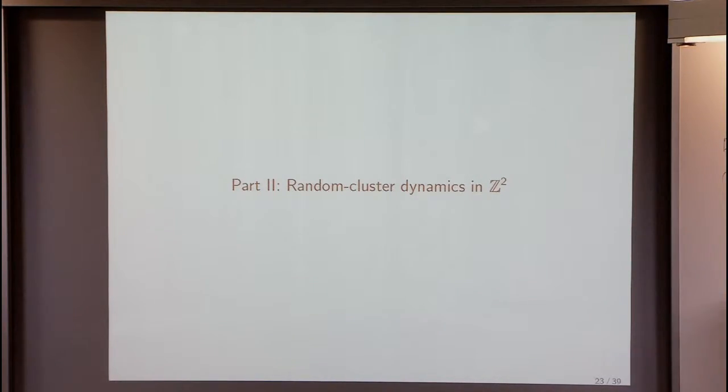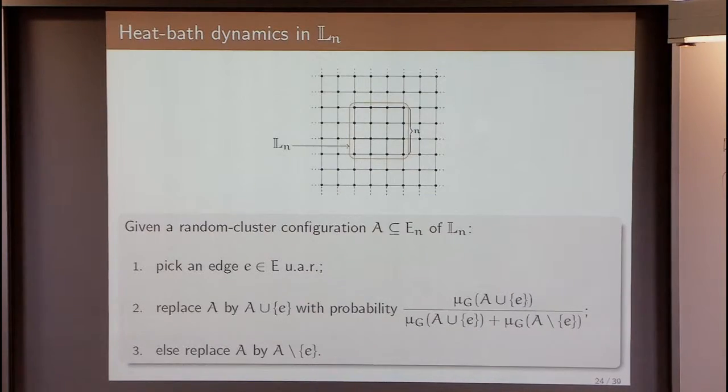So in the last part, if you zoom out, this is a fairly different argument where we analyze the heat bath, the local Markov chain, in situ. Okay? So remember that the heat bath is this Markov chain. Well, we're looking at the finite boxes of the integer lattice graph, and we pick a random edge, and the edge gets added with this probability.